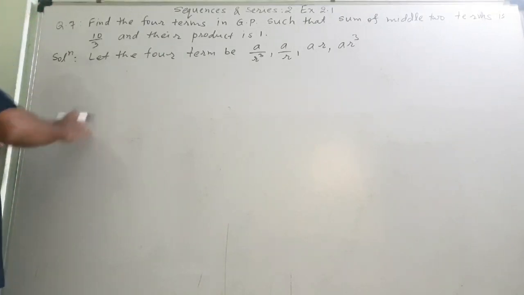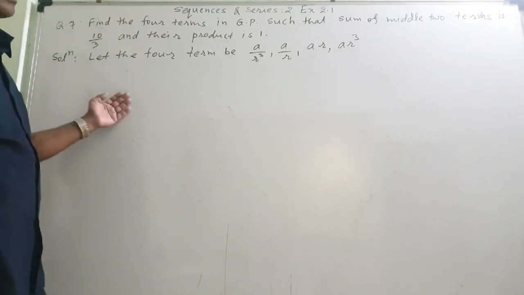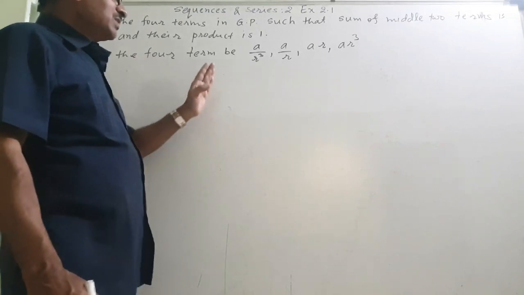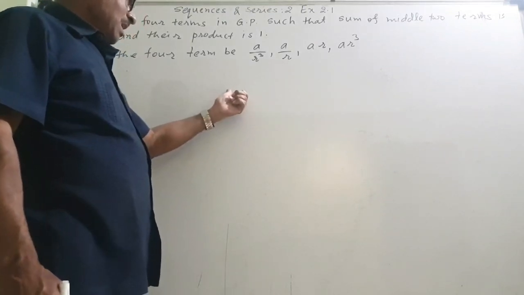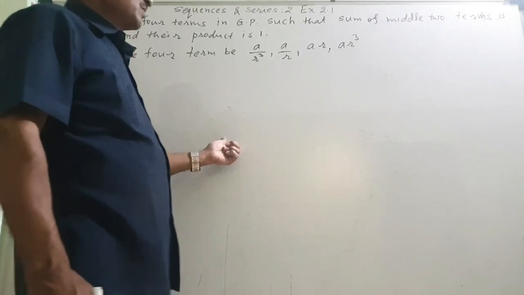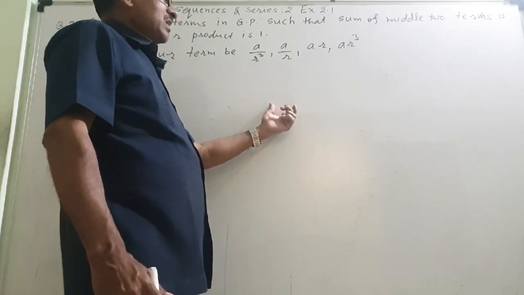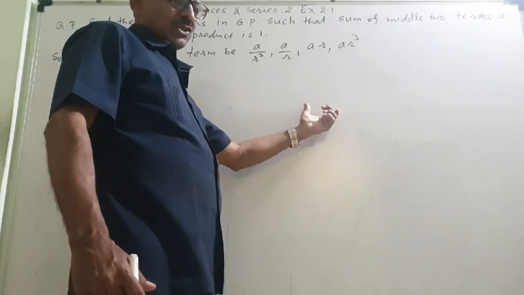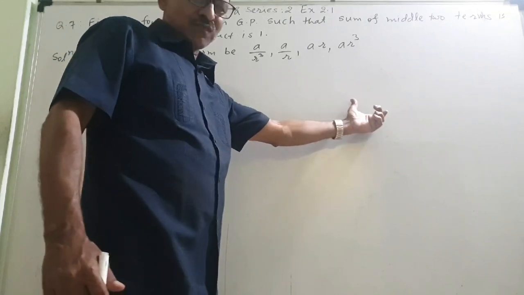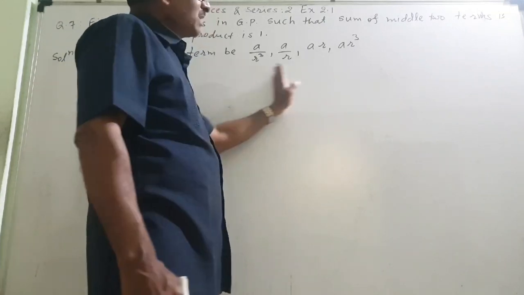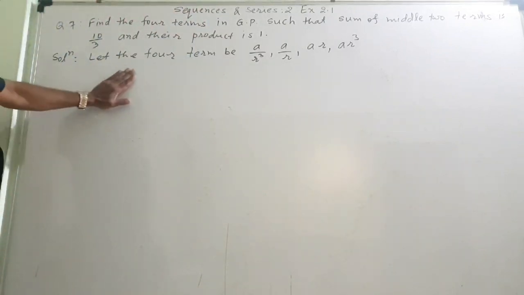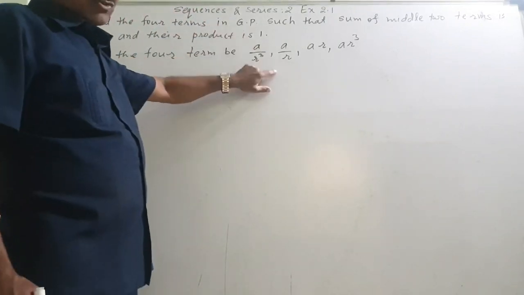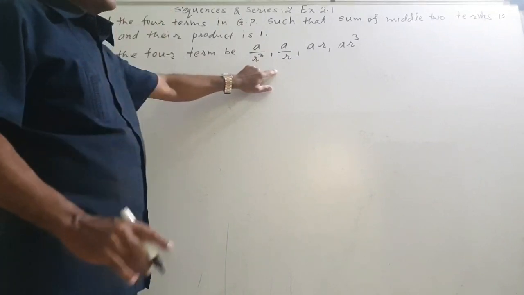Now if six terms are given, then the six terms will be a upon r5, a upon r cube, a upon r, ar, ar cube and ar raised to 5. This will be the six terms. So this way the ratio would be r square when even numbers are there.